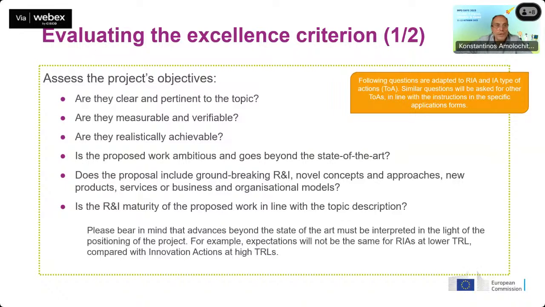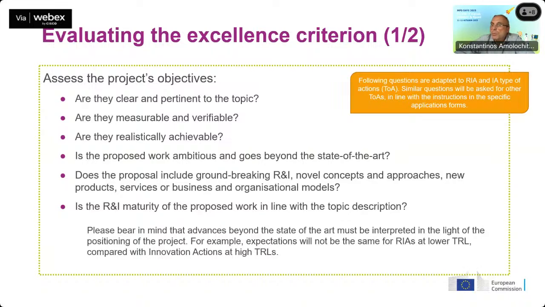Now, for the criteria, let's have a look more or less at what is needed. For the excellence criteria, for the first of the 2 sub-criteria under excellence, we first of all request to assess the project objectives. Of course, we want to see that they are clear and pertinent to the topic, measurable, verifiable, realistic, achievable, and that the work is ambitious and goes beyond the state of the art.